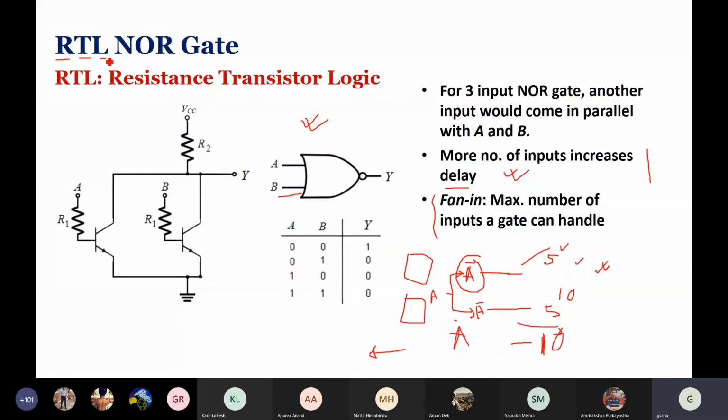Okay. It is no longer used. We are mostly using TTL and its different variations for BJT based, and of course we have CMOS based devices and other things. But this is the very first thing that came into existence, and it was named resistance transistor logic. And the RTL NOR gate looked something like this. Okay, I shall share something more on this later.